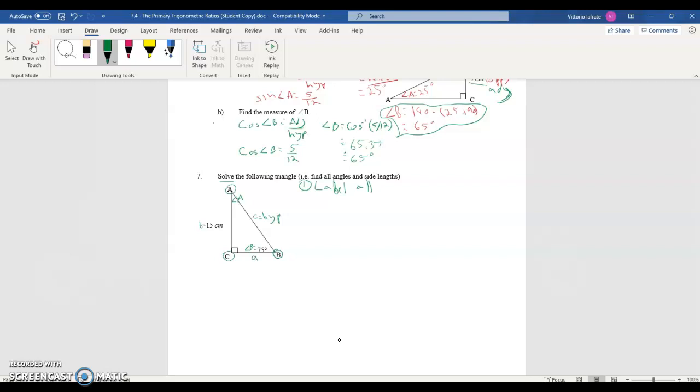And so let's plan here. We have a few things we need to find. To solve this triangle, we need to find side c, the hypotenuse. We need to find angle A. And we need to find side a.